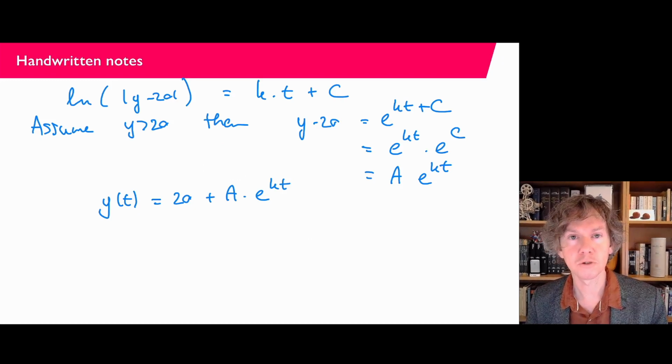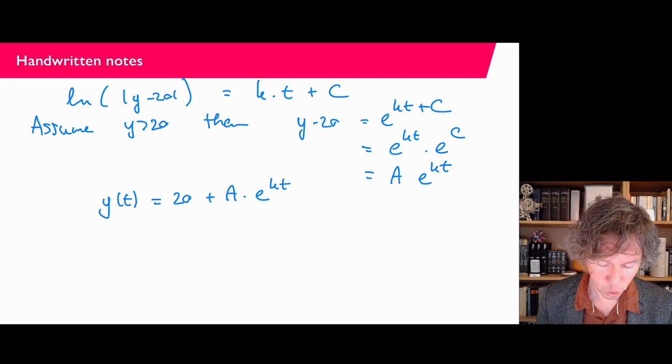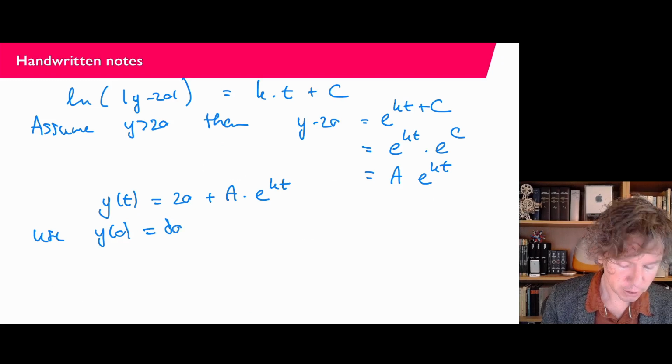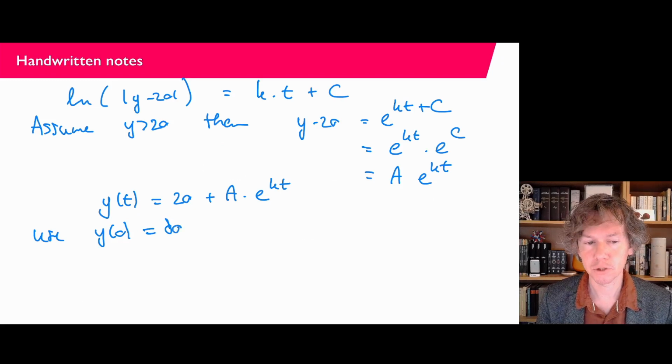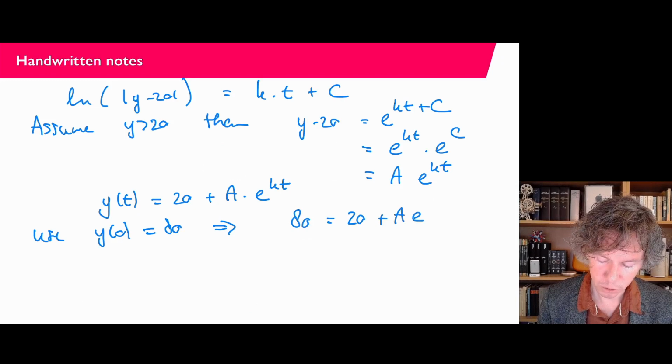For every moment in time we know the temperature, but there are still two constants in here, a and k. So if we use that y at time 0 equals 80, so the coffee temperature is 80 degrees Celsius at time 0, then it tells us that 80 equals 20 plus a e to the power 0.